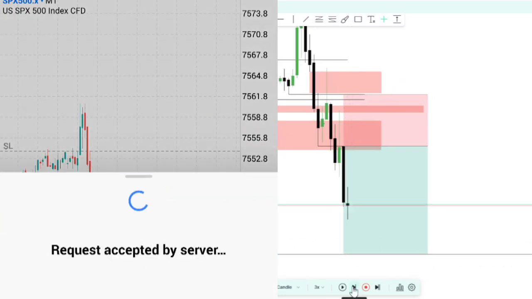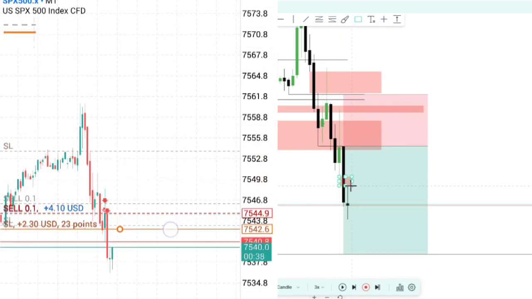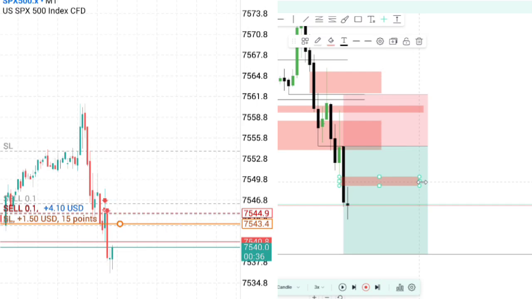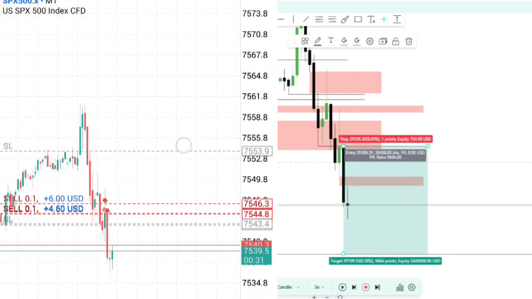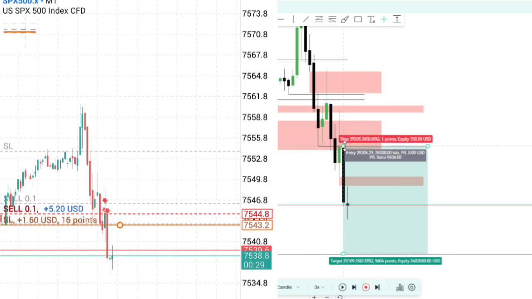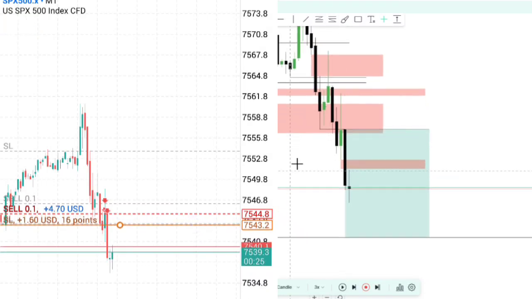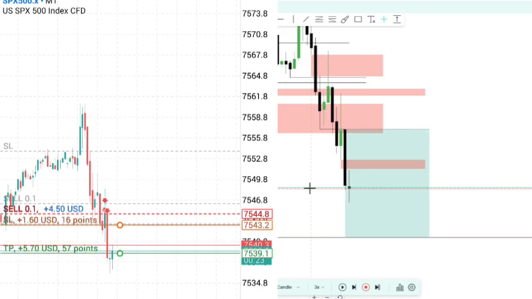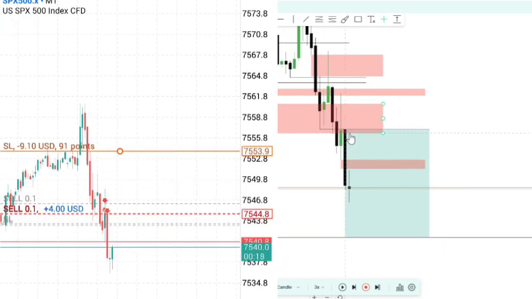So price created this FVG, and my stop loss was moved to break even at this point. Price created this FVG, so my stop loss was moved to break even. I was monitoring NAS 100 on the chart, but on my MT5 it was S&P 500. So I kept my stop on break even.